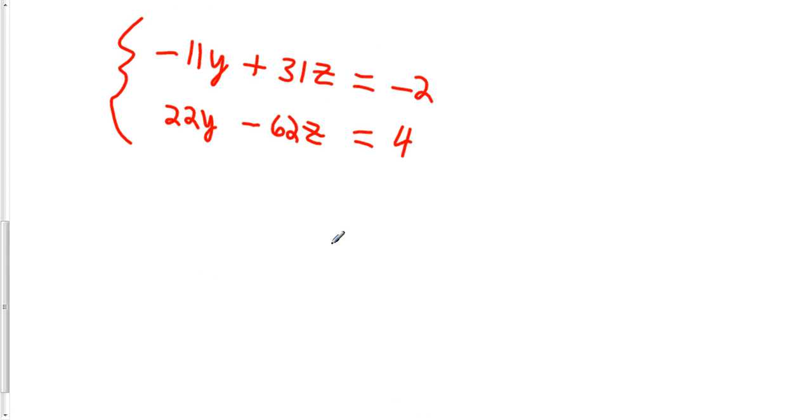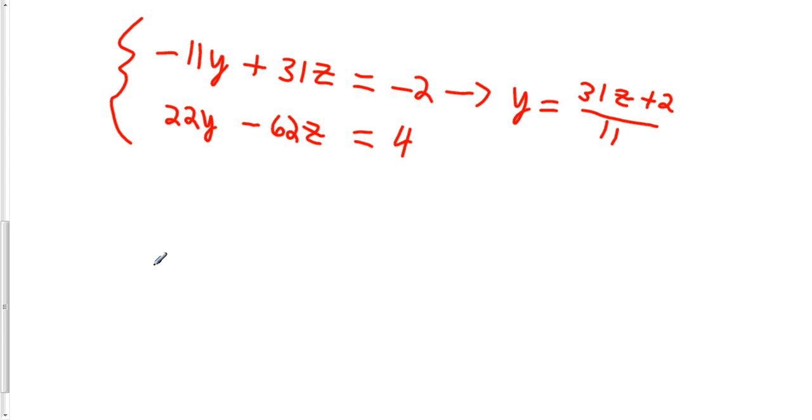And once again, I am going to use substitution. So I'm going to solve the top equation for y. Solving this top equation for y yields y is equal to 31z plus 2 over 11, if you solve that top equation for y.